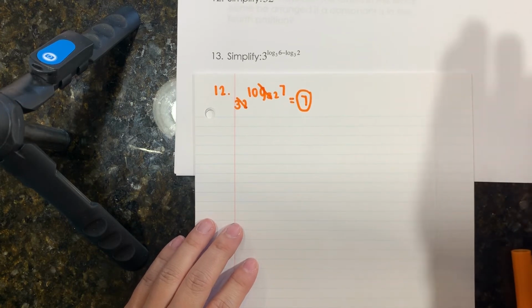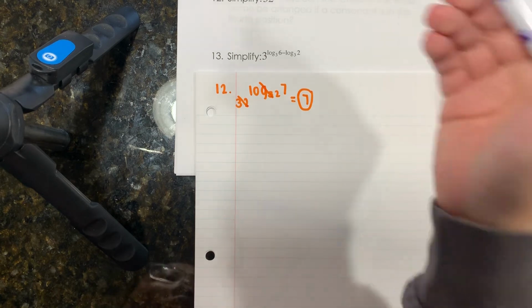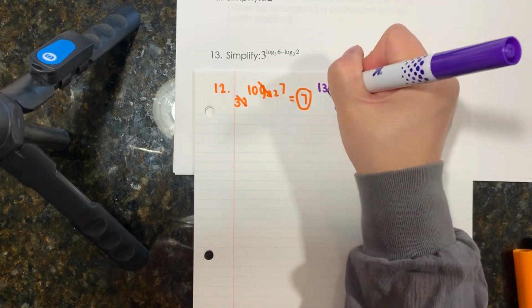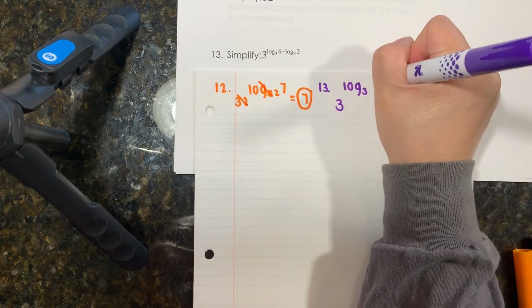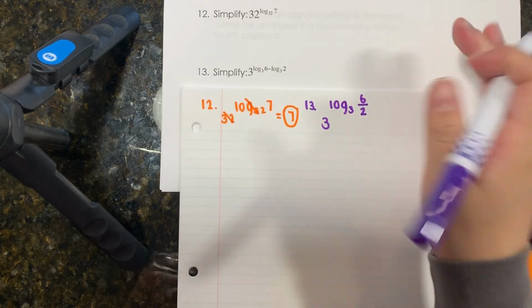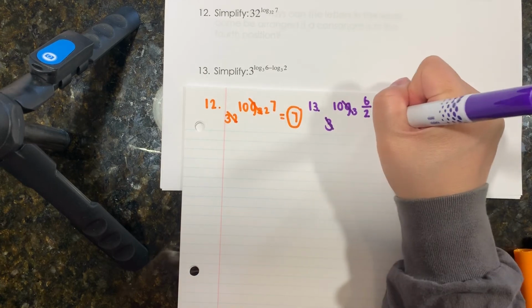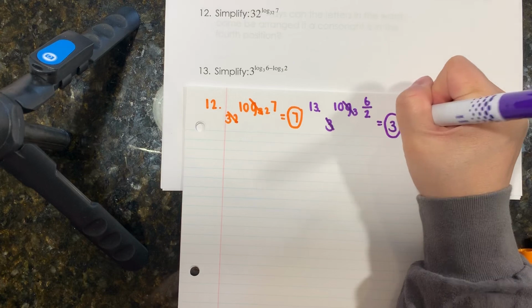And then for number 13, I see a minus sign in my exponent. So to combine those, I'm going to divide. So for number 13, I have 3 to the power of log 3 of 6 divided by 2. Now, again, notice that I have 3 in my base and log 3 in my exponent, which cancels. So I'm left with 6 divided by 2, which is also equal to 3.